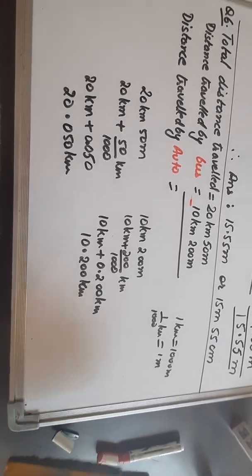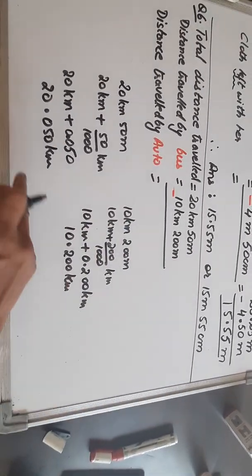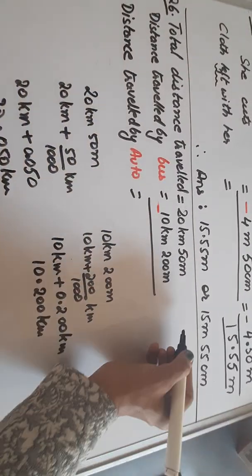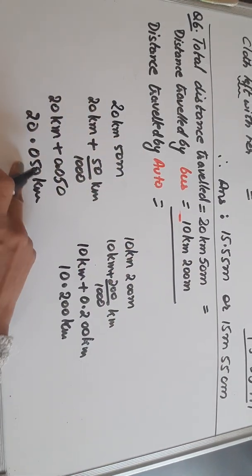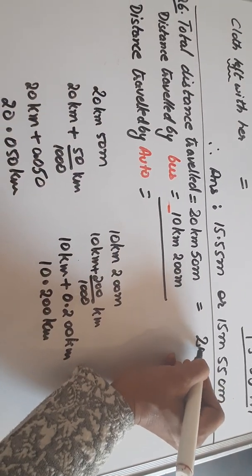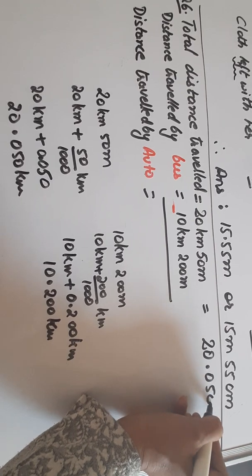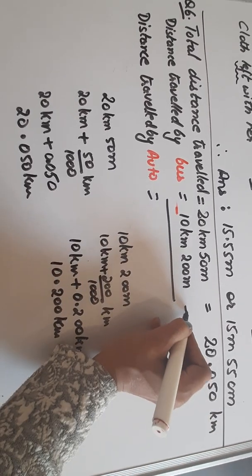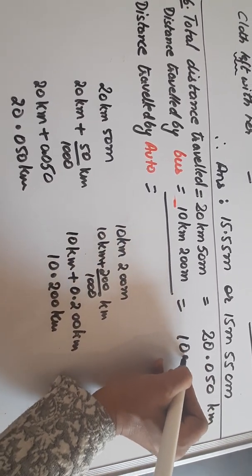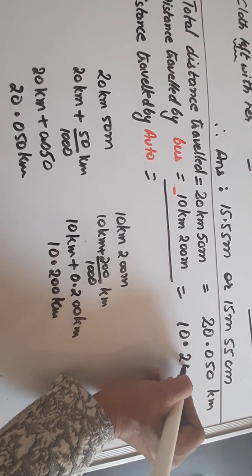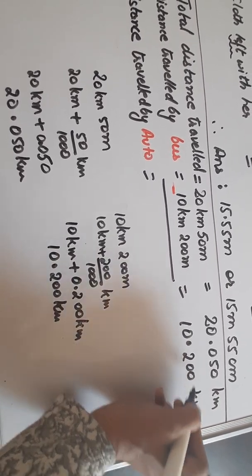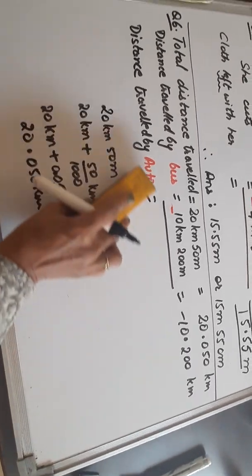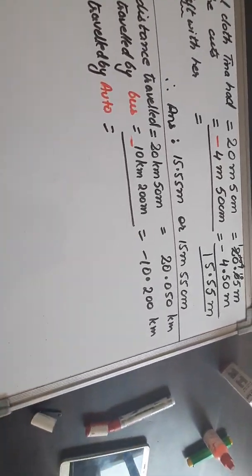So this will be the distance. Again, note down these things, then put the values. So its value is 20.050 kilometers, and its value is 10 point 200 kilometers, with decimal below decimal. Now let us subtract it to get the distance traveled by auto.